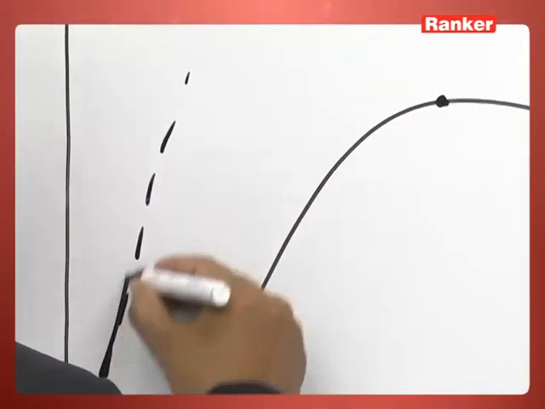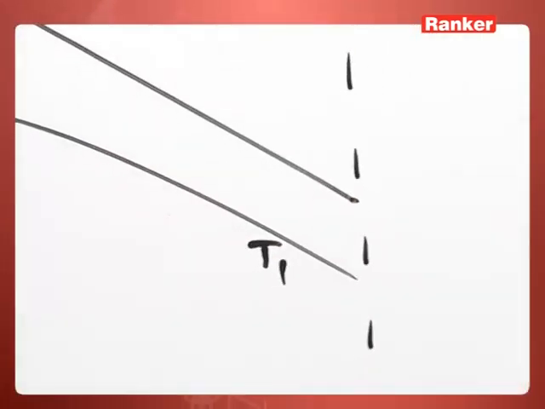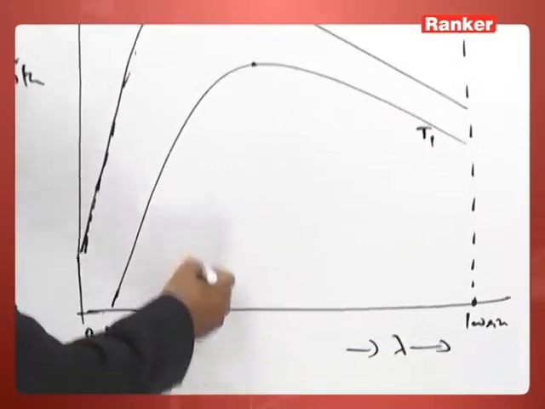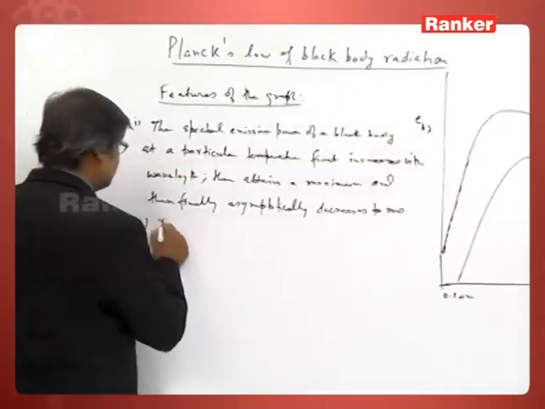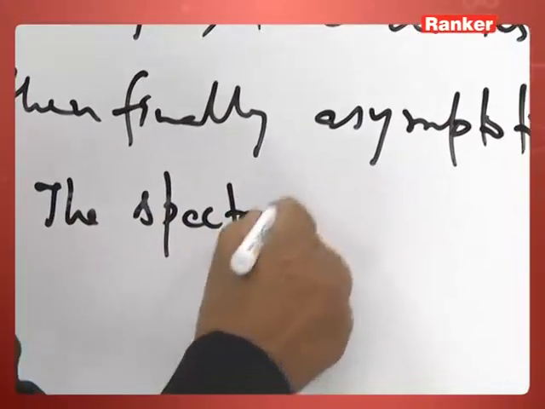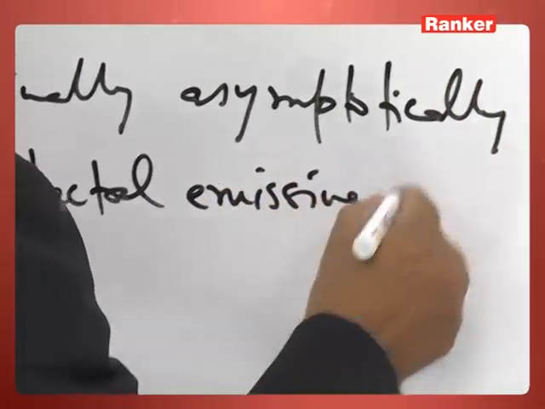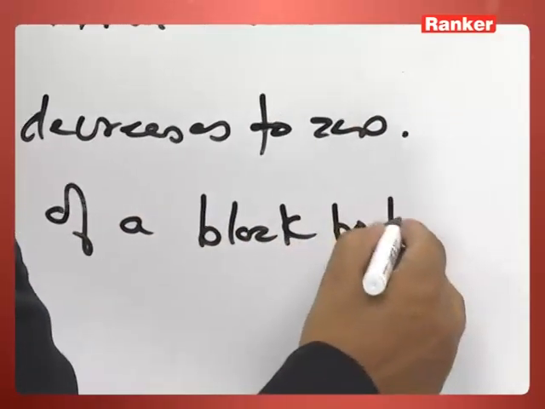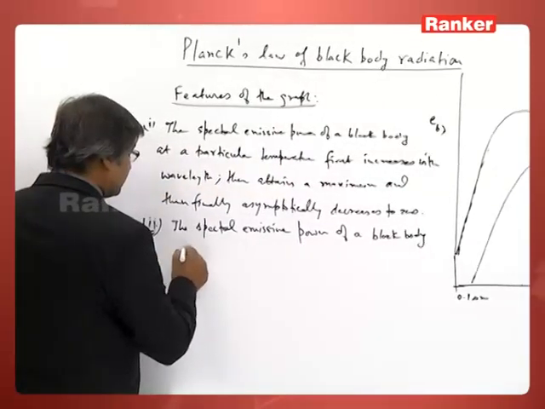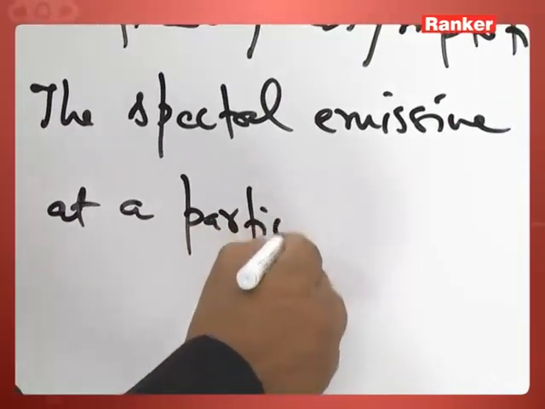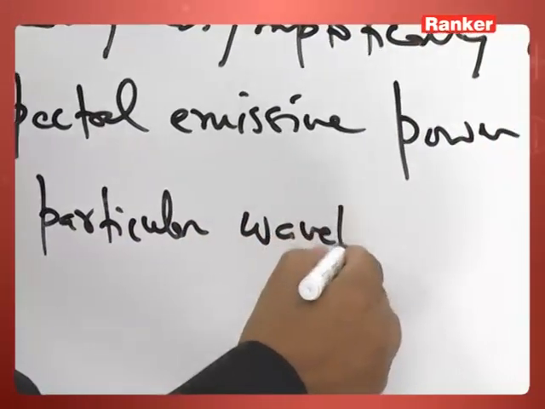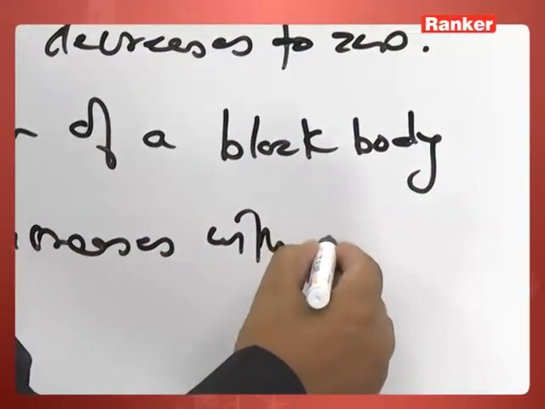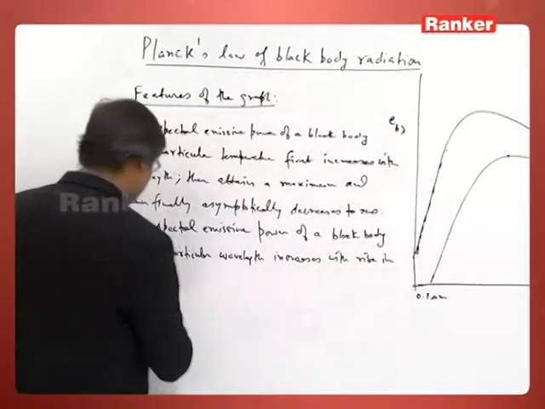That means, second point, at the same wavelength, the spectral emissive power of a black body at a particular wavelength increases with rise in temperature.